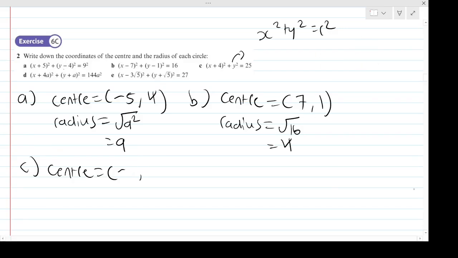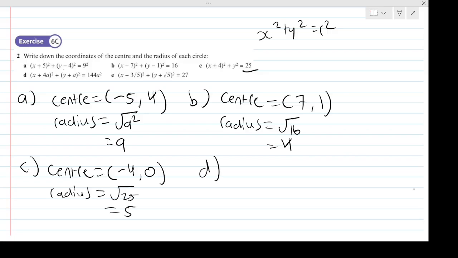You can see that as well, because y squared is the same as (y - 0) squared. So the centre must be 0, okay? Anyway, the radius: the square radius is 25, so the radius alone is the square root, root 25, which should be 5.